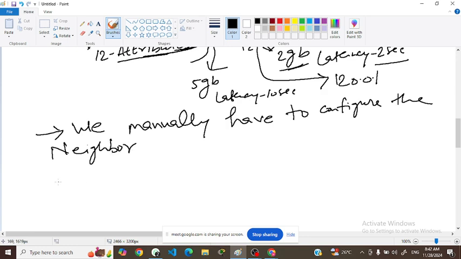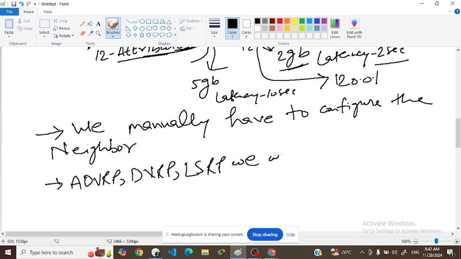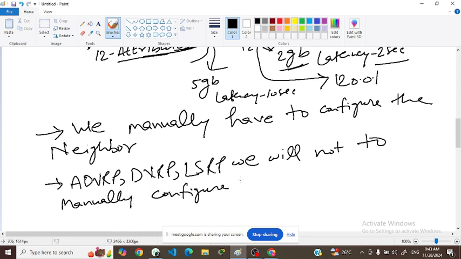But in EIGRP, OSPF, and IS-IS, we need not manually configure the neighbor.